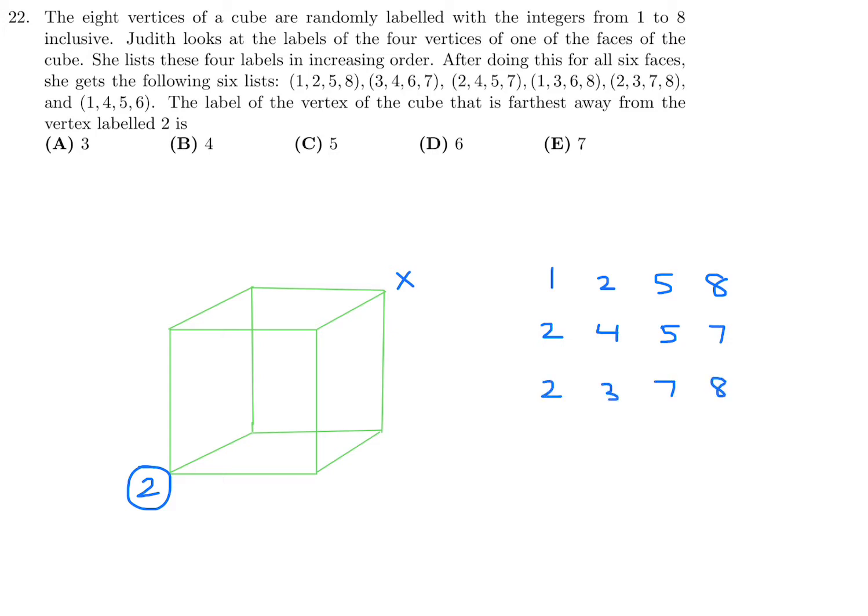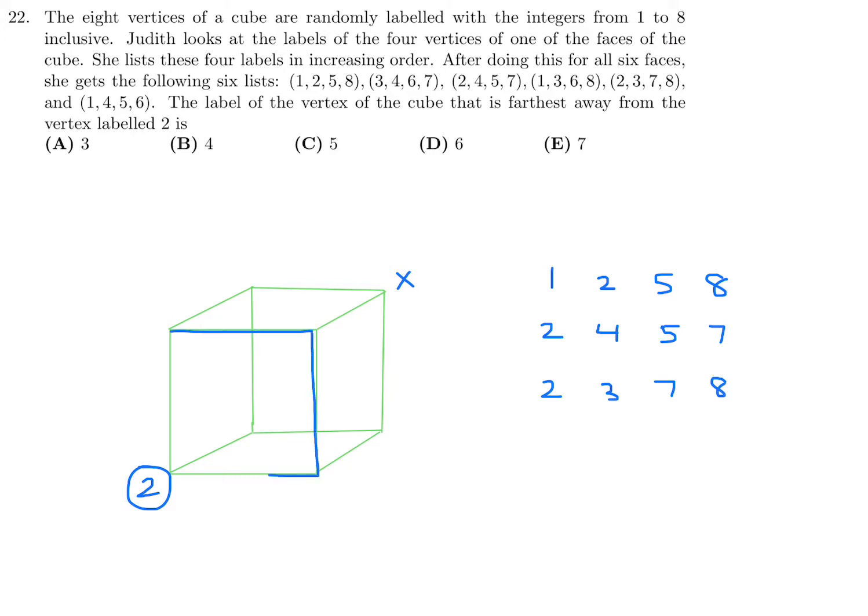Okay, so a little bit of trial and error. Let's start with this one, 2, 3, 7, 8. So how can I place that? Well, we have to think about this because 2 is common to all of these, so they all have to match. I've noticed that the 8 belongs to another face as well. So if I put the 8 on one face, it's also got to match with another face.